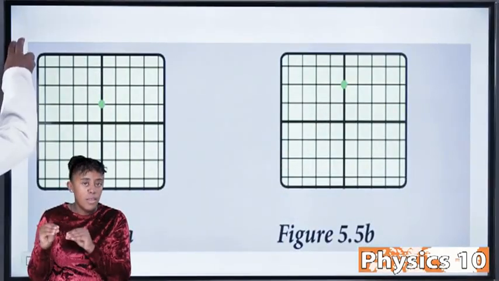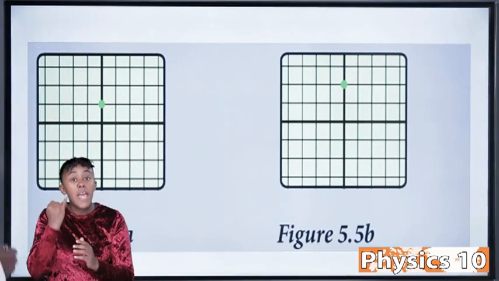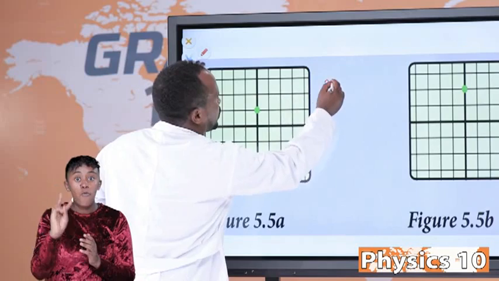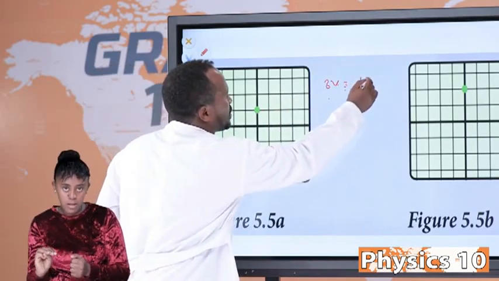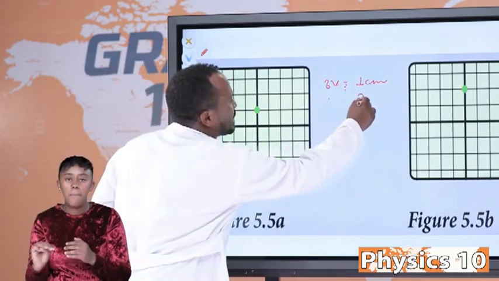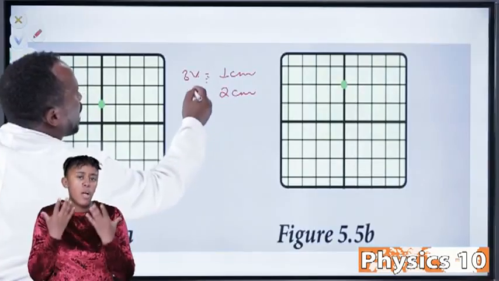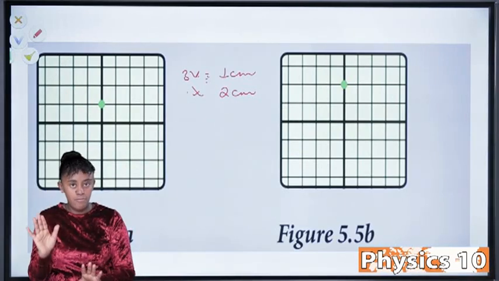So, students, if 3 volts deflects the spot by 1 centimeter, then 2 centimeters is deflected by how much voltage? We don't know the value of the voltage.